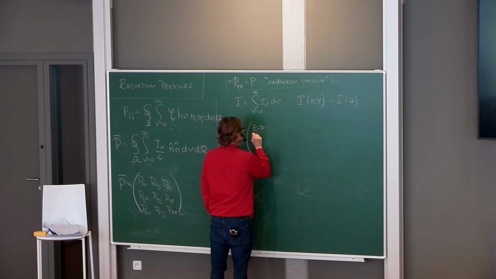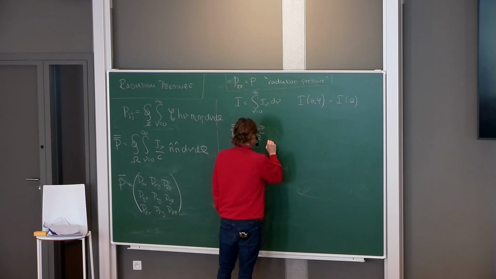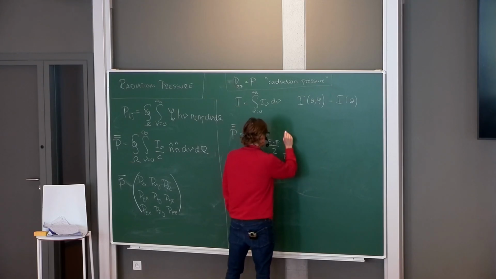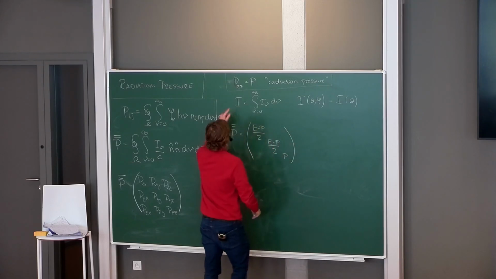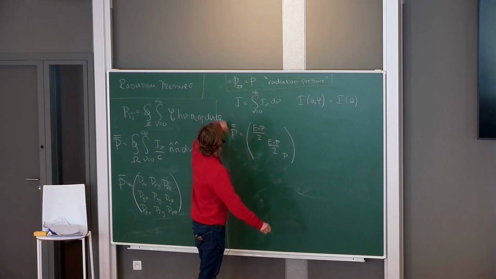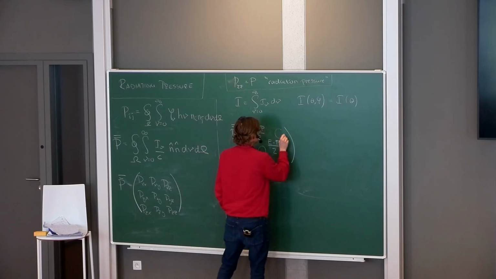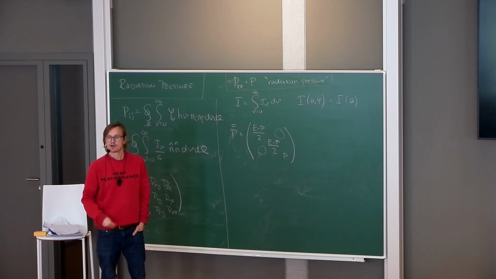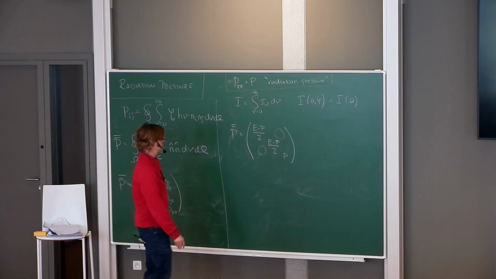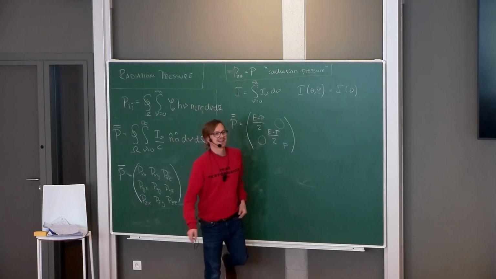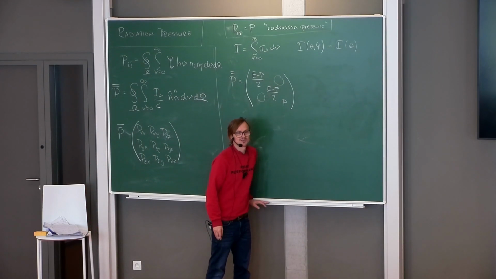E minus P divided by 2, E minus P divided by 2, and P, where indeed now I identified p_zz with P, and as was pointed out from the audience, the off-diagonal terms are 0 in this case.